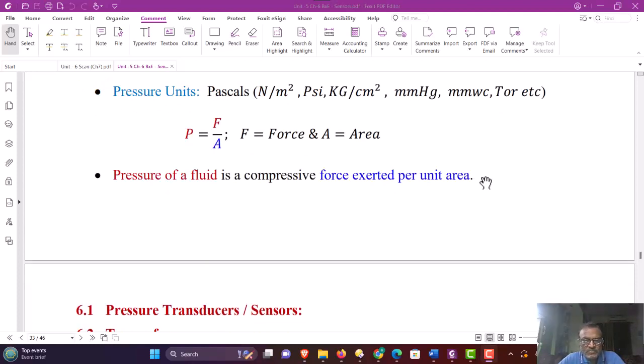Force is converted to pressure by applying it to a specific area, and force by area is giving you the pressure. Pressure of a fluid is basically a compressive force that is exerted per unit area.